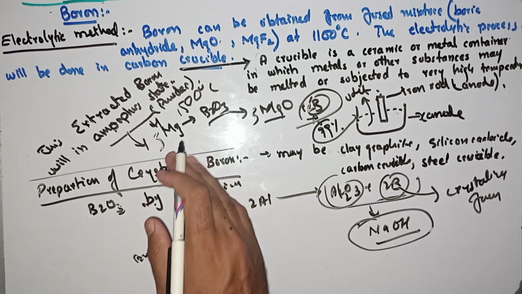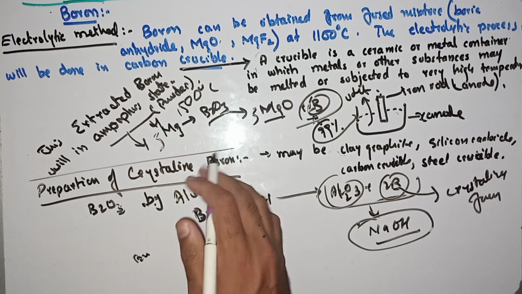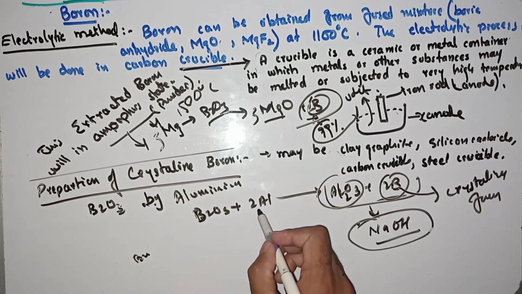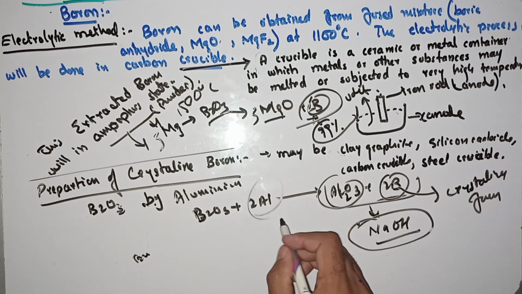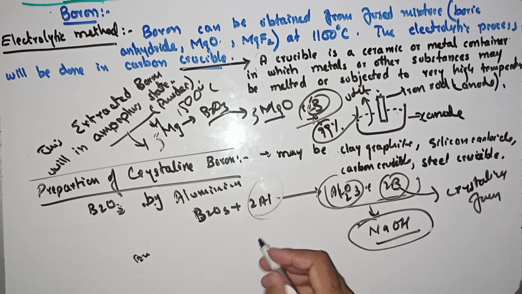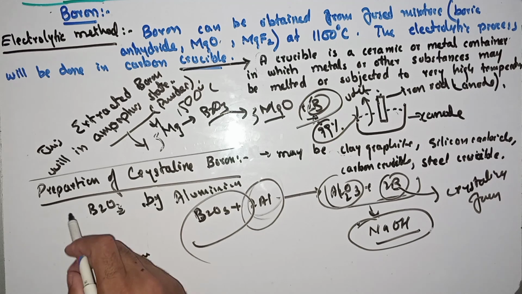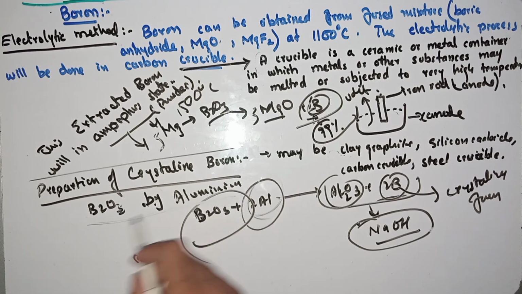The mass is broken up and heated with HCl to dissolve away the aluminium, and very hard crystals are left behind. Boron obtained by this method is not pure since it contains some aluminium as impurity. But the method I explained before, by aluminium, is the best way.